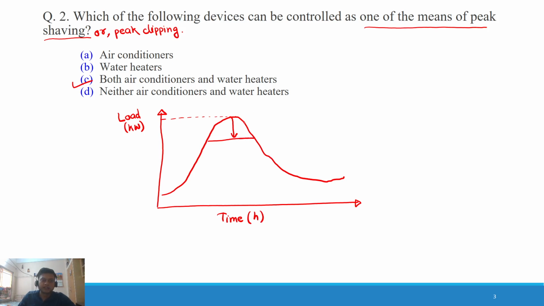Thus we are just clipping the peak demand. This one is the new peak demand after doing this demand side measure by peak saving or peak clipping, and this one is the old peak demand. So this amount of reduction happens in peak demand.